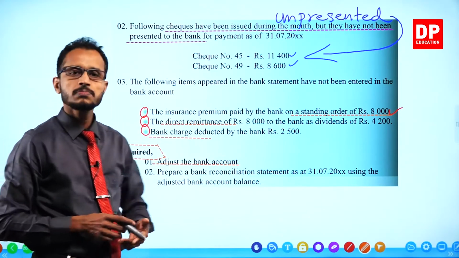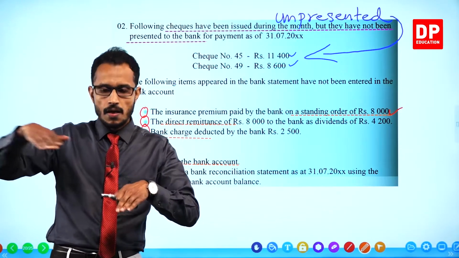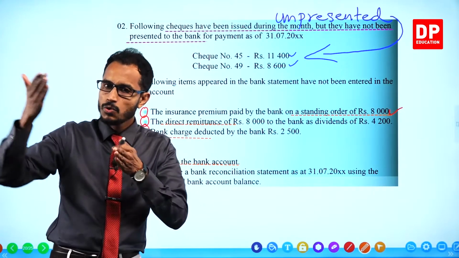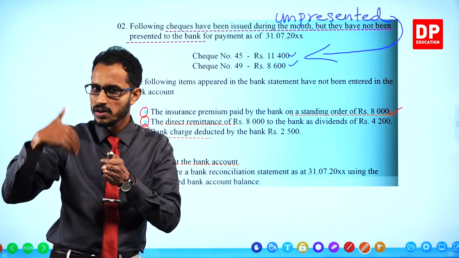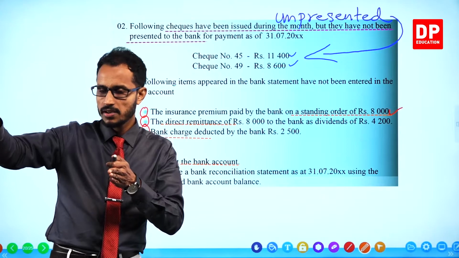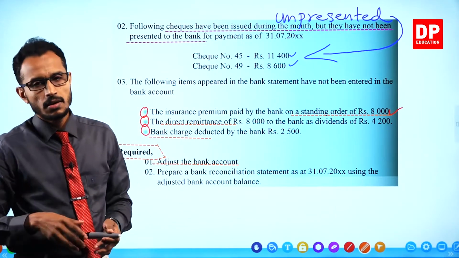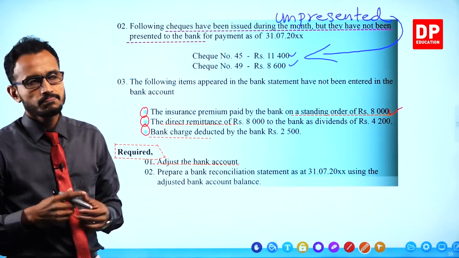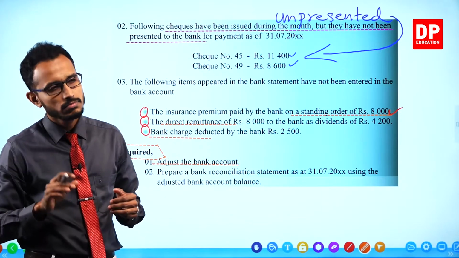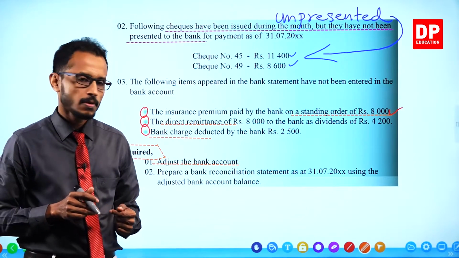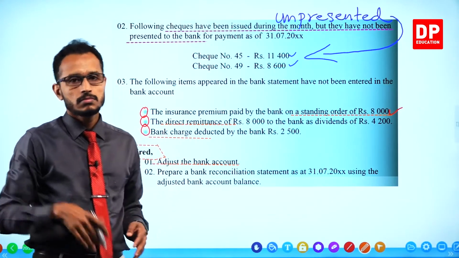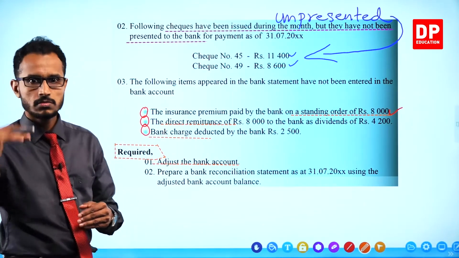Because these are payments done by the bank according to our given order. We ordered the bank to pay a certain amount for something at regular intervals, like at the end of each month. So the bank pays every month. Money goes, bank balance goes down.